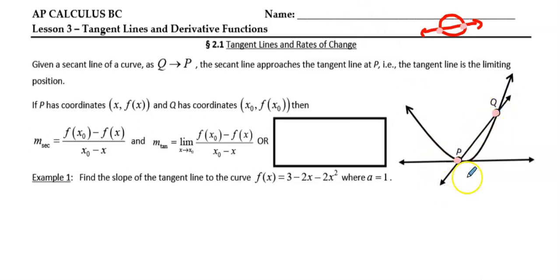Let's just pretend right now that this is on an XY axis. Okay, so let's make this Y and this X. The point here at P, we're going to call this our x, and then we're going to call this point down here x naught.